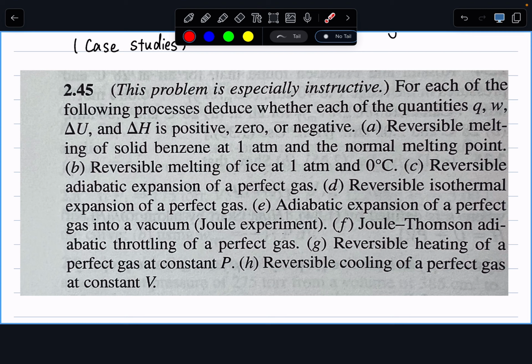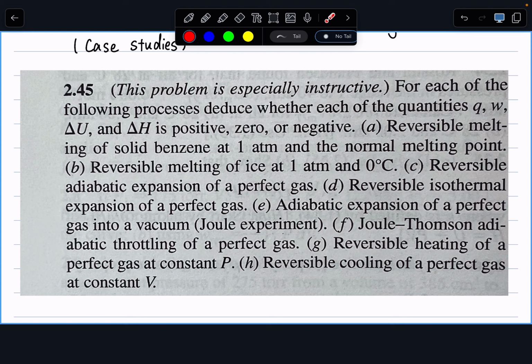This is using our GenChem knowledge that the process of melting absorbs heat. The top part will be given, and now we're trying to answer the question. So we know that the heat of fusion is going to be a positive number, or delta H melting is the delta H we're looking for in this process, right?